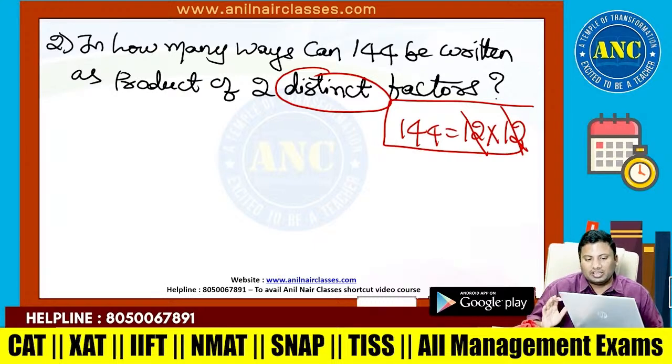In how many ways can 144 be written as a product of 2 distinct factors?